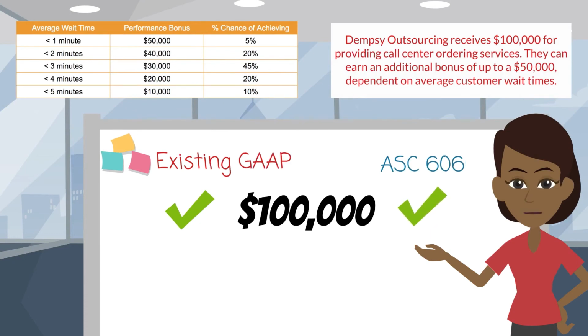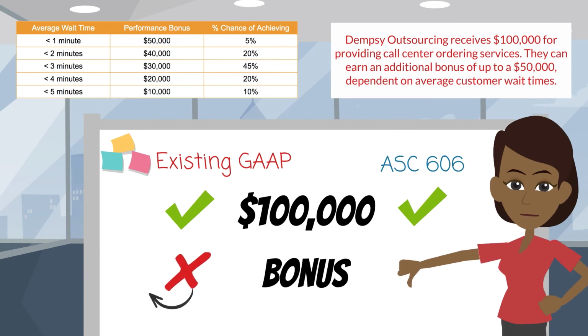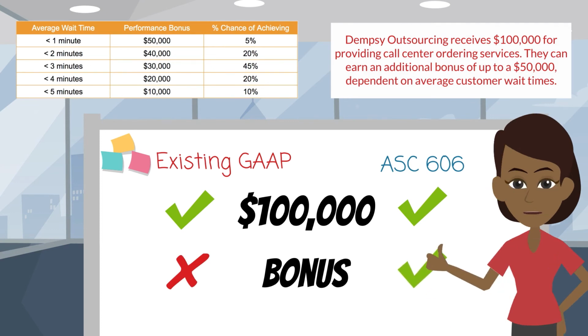However, under existing GAAP, Dempsey would not recognize any of the variable consideration until the end of the period when average customer wait times are known. However, ASC 606 requires entities to include variable consideration in the transaction price, provided significant revenue reversal is not probable.